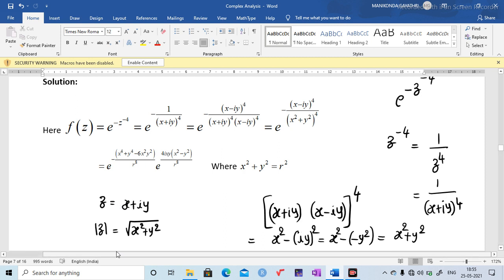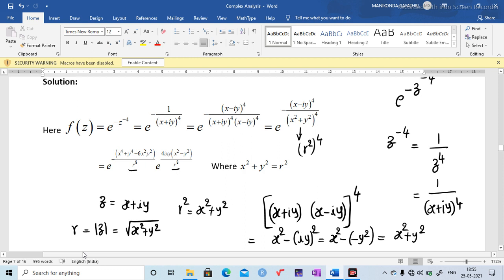So I am taking this as r. R square means the root gets cancelled, x square plus y square. Here we have x square plus y square, replace with r square. R square whole power 4 means r power 8.